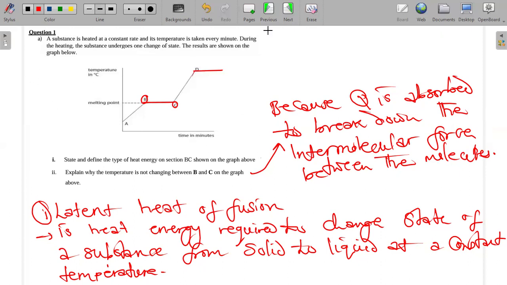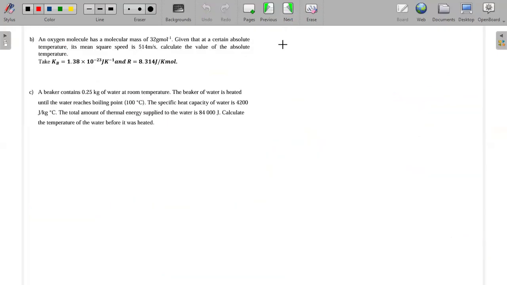And this is part A of question 1. Part B is saying an oxygen molecule has a molecular mass of 32 grams per mole. Given that at a certain absolute temperature, its mean square speed is 514 meters per second, calculate the value of the absolute temperature.